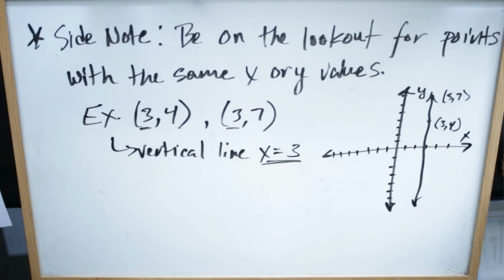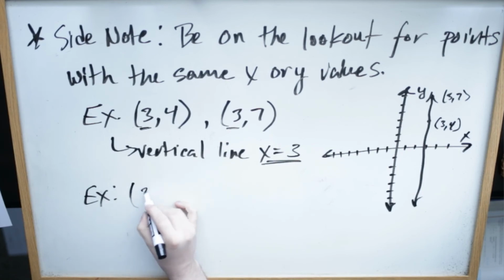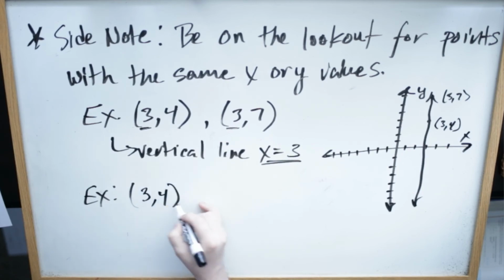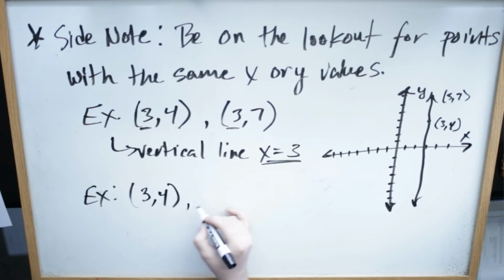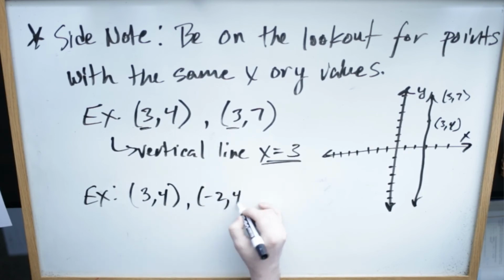Now, here's the thing. If I have the same y values, imagine I've got, let's say, the points 3, 4, and minus 2, 4. Notice the y values in this case are exactly the same.